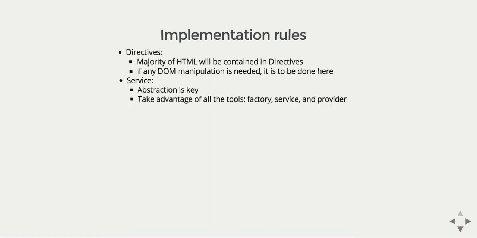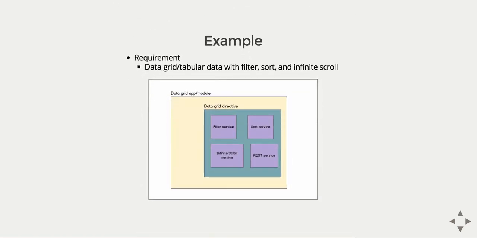So here's an example of a data grid. We wanted to build a data grid that was able to do filtering, sorting, and infinite scroll. The first stab at it, what happened is we built a data grid that had a filter service in there, a sort service.